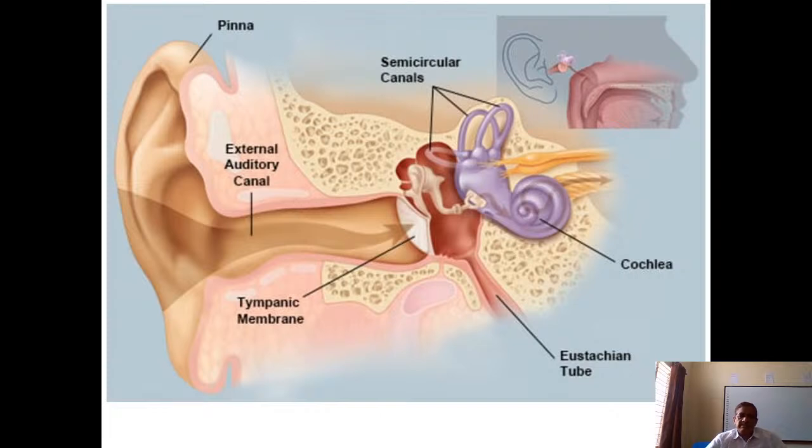And this middle ear cavity is connected to the nasopharynx by a small tube called the eustachian tube, the function of which is to equalize the air pressure between the middle ear cavity and the outside atmosphere. Okay, so that's a delicate function which is done by the eustachian tube.